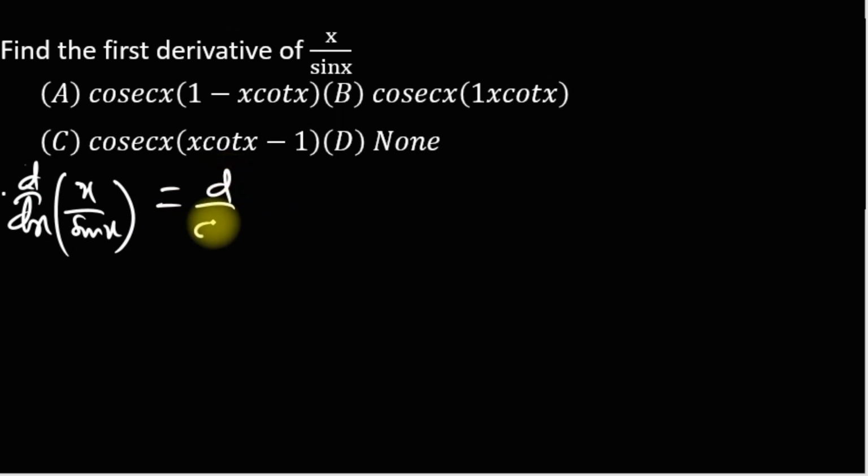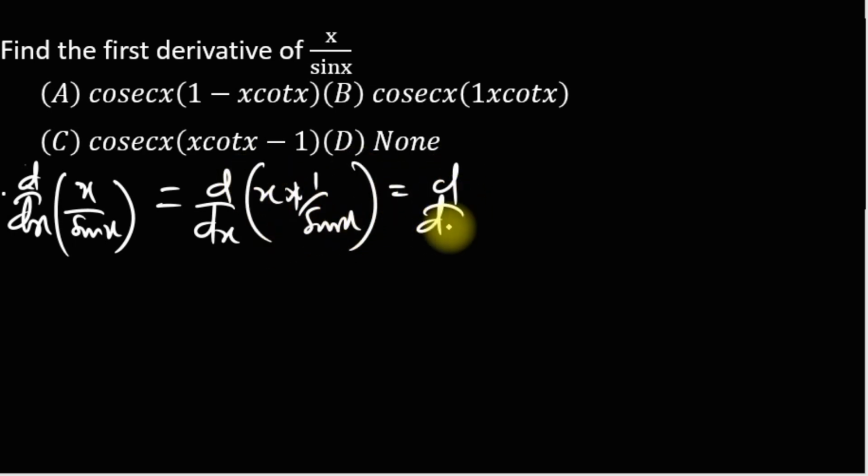I know this could be written as x times 1 over sine x, and 1 over sine x is cosec x. So we use our product rule.